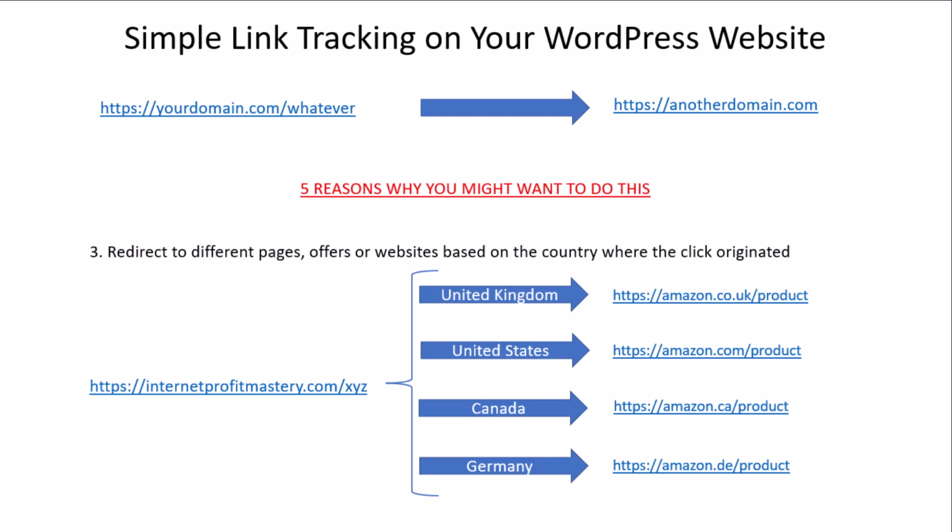So if you were promoting, for example, an Amazon product, you could get the product link for the United States Amazon website, you could get the one for the UK, you could get the one for Canada. And as you can see, that's what's going to happen here. If I shared that link with people and they're looking for that product, they would get taken to that specific page based on the country that they were in. Very useful indeed. And that's the third reason why you might want to do this.